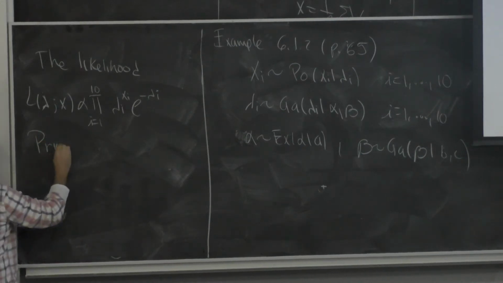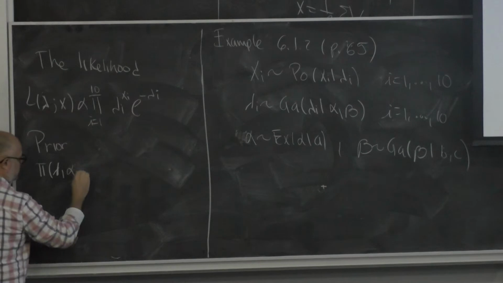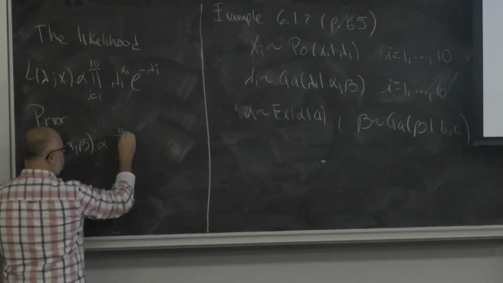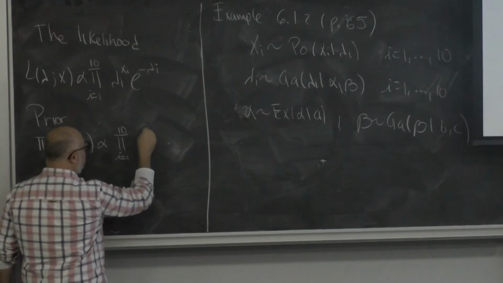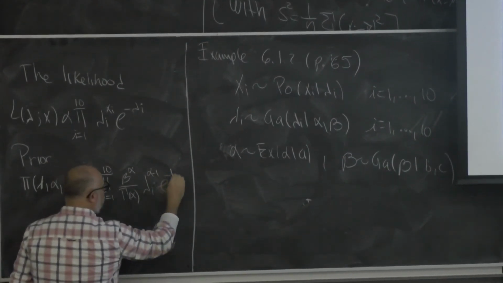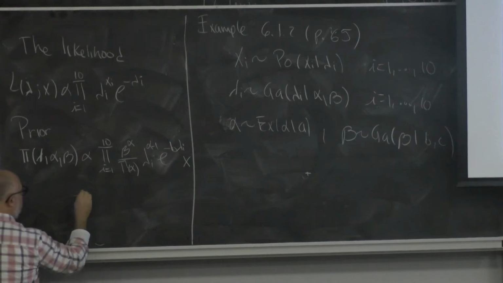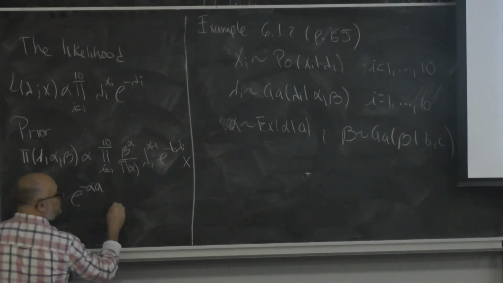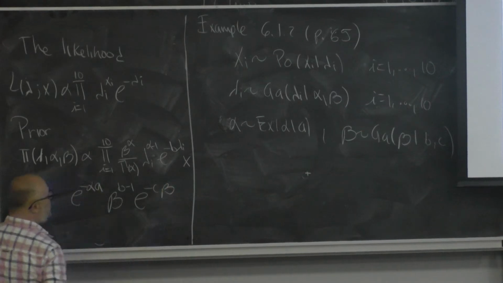The prior structure: we are assuming that the lambda i's are gammas, so that will be beta to the power of alpha over gamma of alpha, lambda i to the alpha minus 1, e to the minus beta lambda i, times an exponential in alpha, e to the minus alpha A, and a gamma in beta, that will be beta to the B minus 1, e to the minus C beta. Okay?